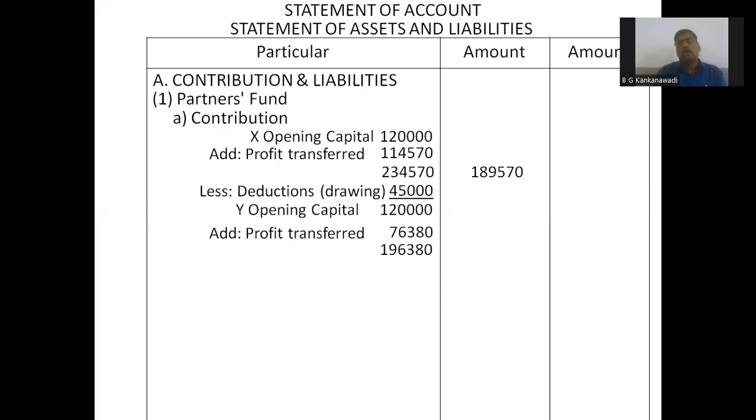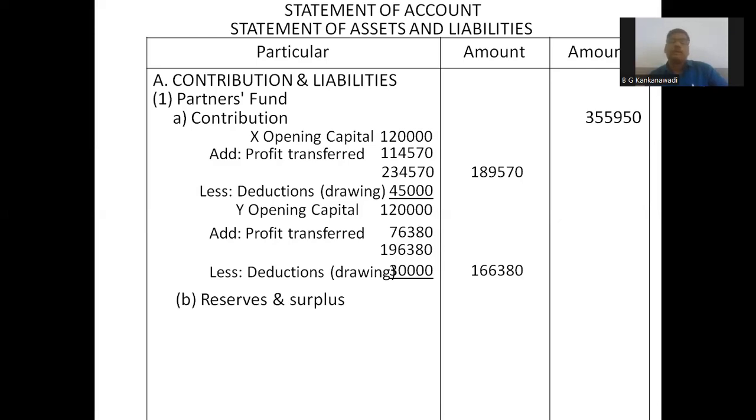Total is 1,96,380. Deduct his drawing 30,000. His balance of capital is 1,66,380. So total contribution is 3,55,950. Okay.